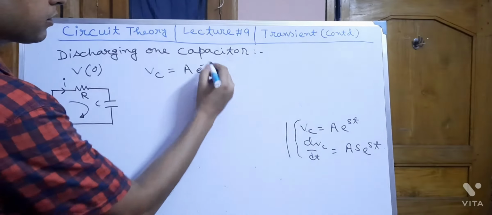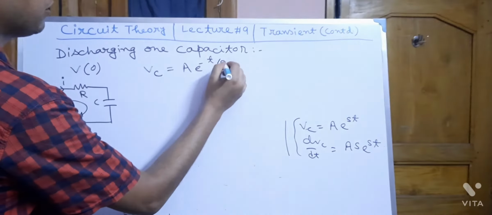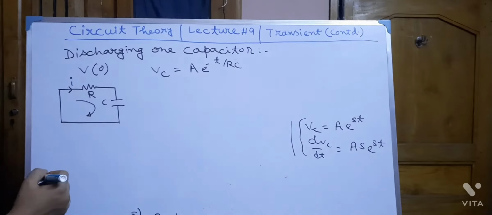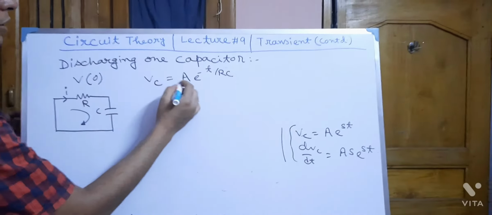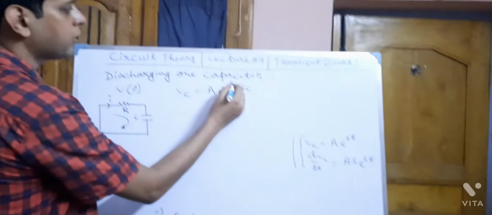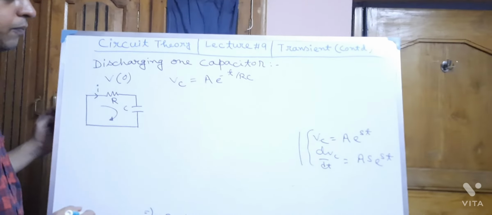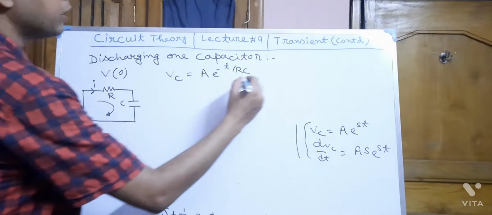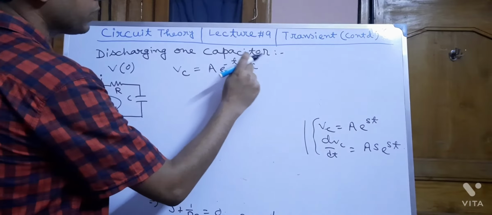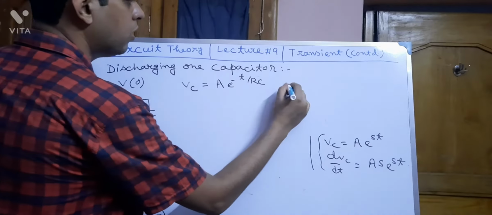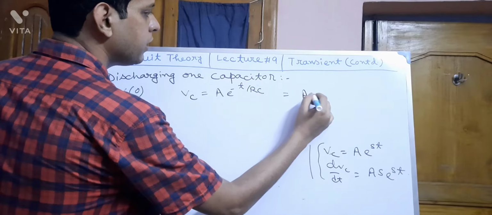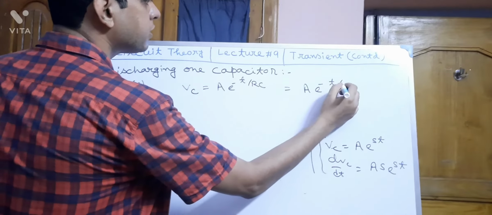Then from our assumption we can say that Vc equals A e to the power minus t by RC. Now let us call RC equal to tau. So A e to the power minus t by tau.